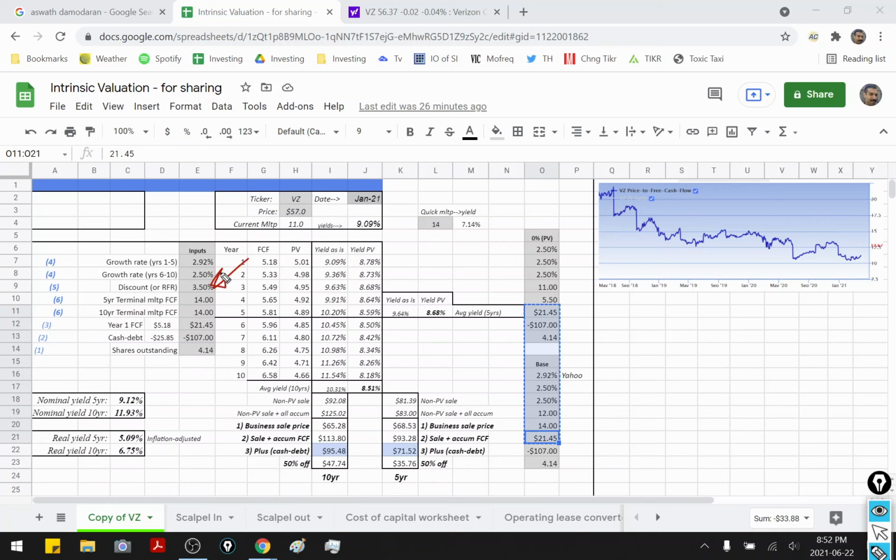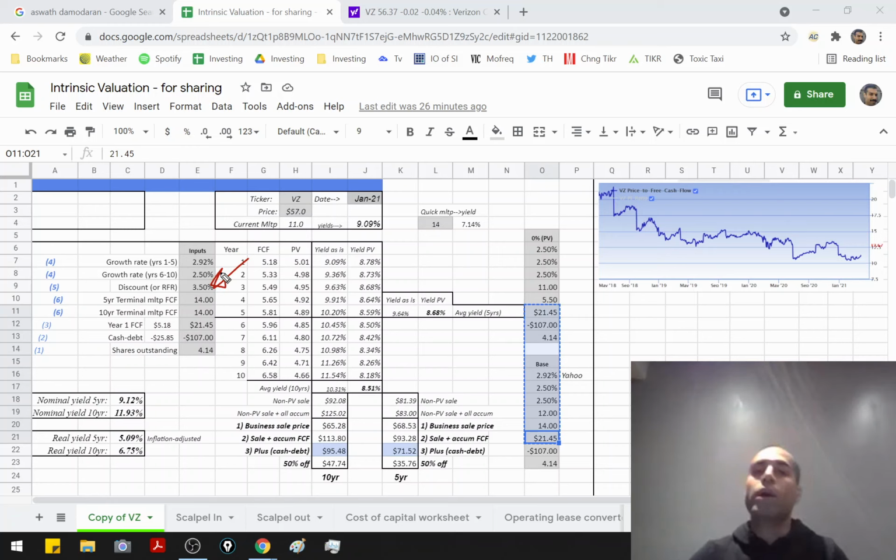The discount rate. Okay, so I'm going to tell you how I go about it. There are multiple ways to put in a risk-free rate or a discount rate in there, but this is the number that you're going to discount your cash flows by. What I usually like to do is take a good rate that I think you can get, such as a 10-year bond. That is the way Warren Buffett sort of started going about it and explained.